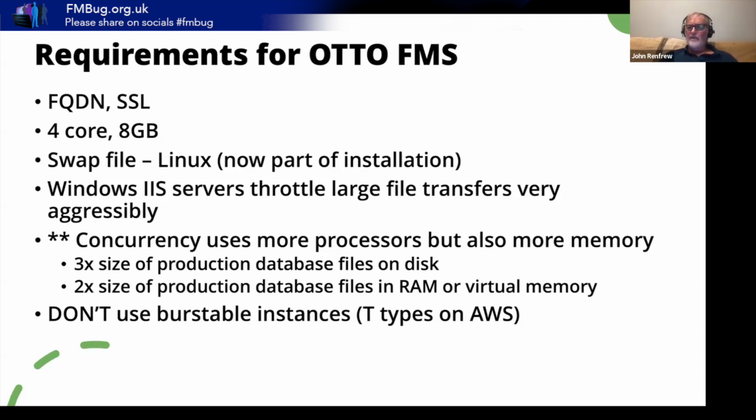IIS is very aggressive at throttling large file transfers, and people who are trying to use this on Windows with very big files are really struggling with the speed, but it's a Windows issue. Eventually, hopefully, well, you can now install Nginx as the engine on Windows, but obviously that requires a lot of workarounds as well.